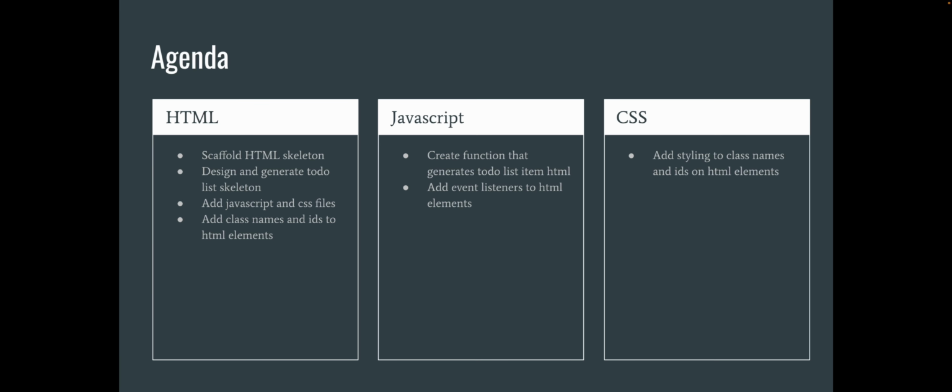Alright, so now let's talk about the agenda here. So we'll first start off with creating an HTML file, basically scaffolding the HTML, design and generate the to-do list, how it's going to look like. We'll also add the JavaScript and CSS files to connect them together, which we will be dealing with down the line at some point.